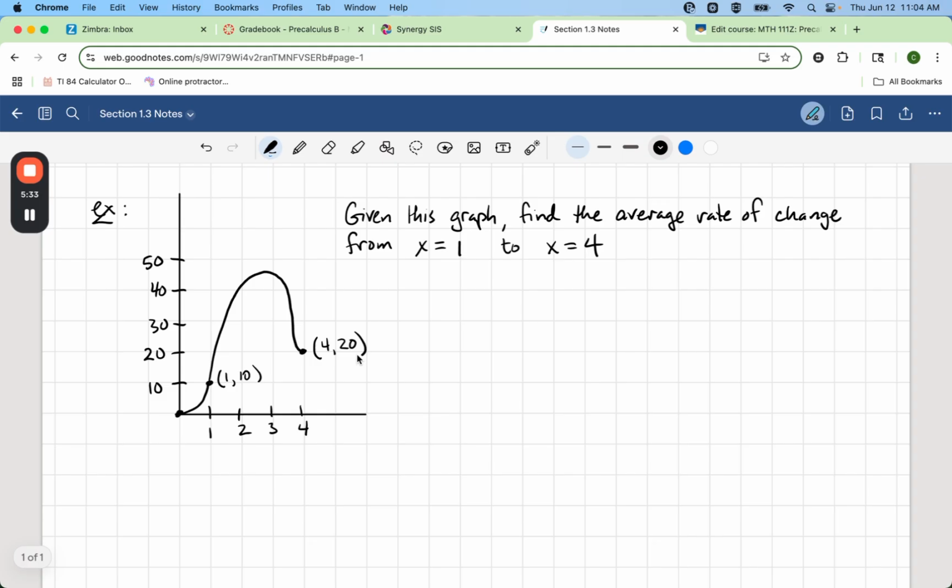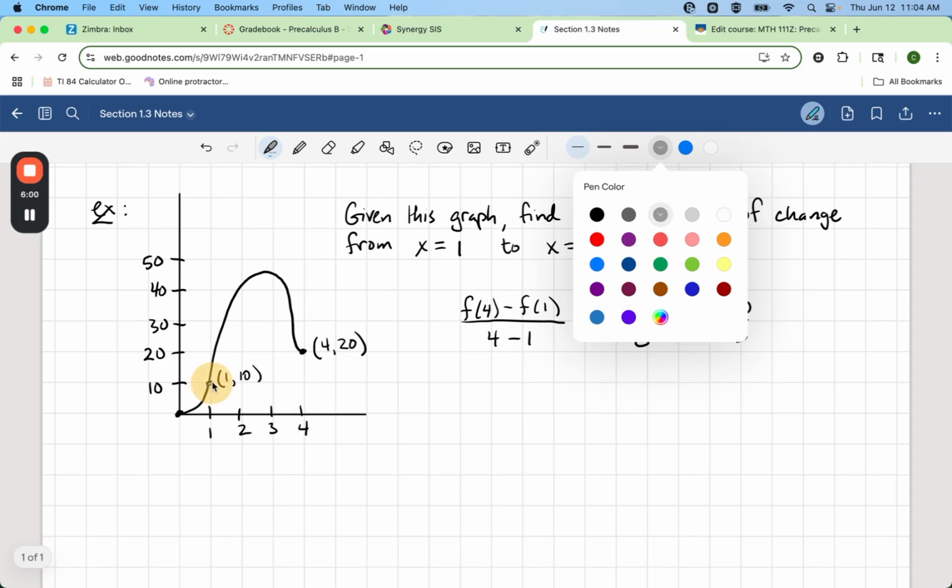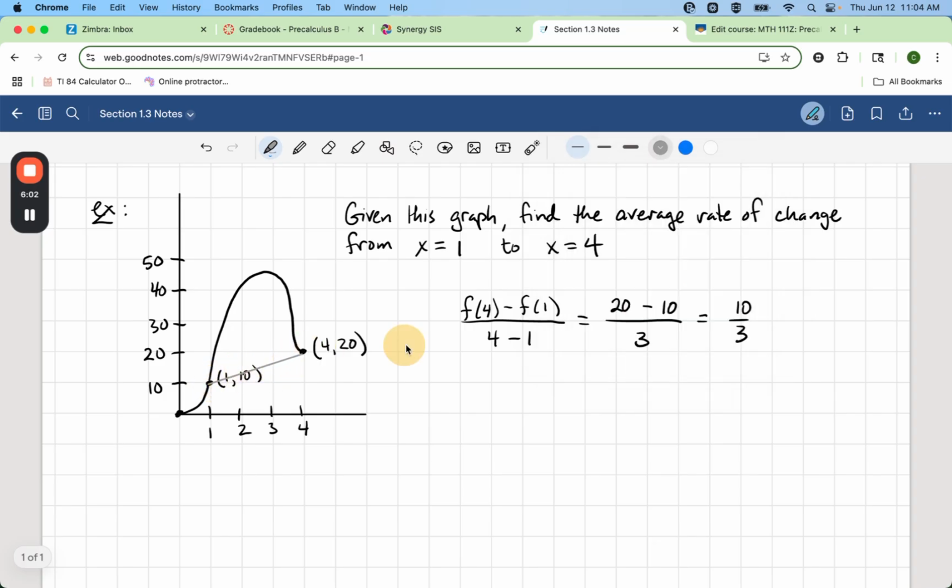So my average rate of change, simply put, is f of 4 minus f of 1 over 4 minus 1. So f of 4 is 20, f of 1 is 10, and 4 minus 1 is 3, so I get 10 over 3. That's my average rate of change on that interval. If you think about it, average rate of change is the same as the slope of the line connecting those 2 points. That slope is 10 over 3. I went up 10 and to the right 3. Average rate of change is just the slope of a line joining 2 points.